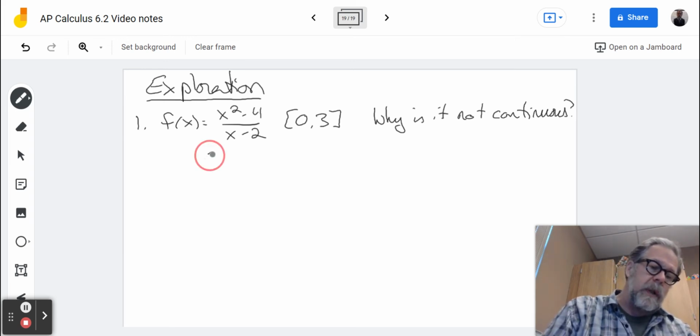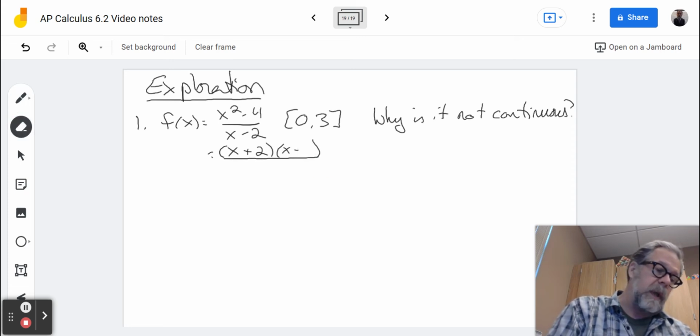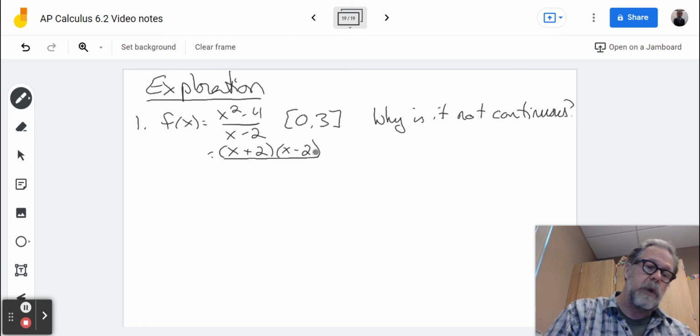And if I look at this function, what I see is that that's a perfect square on top. And you're all thinking, no, that's not it at all. Of course not, it's a difference of squares: x minus 2 times x plus 2.